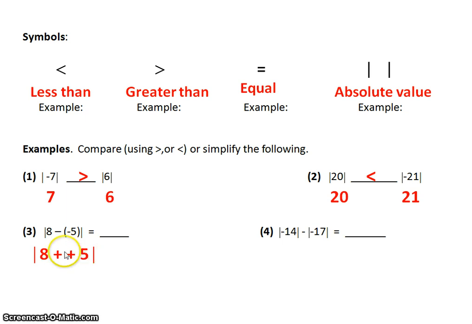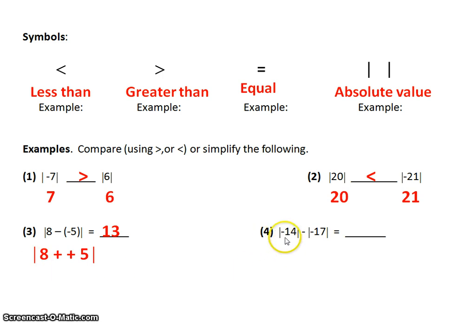I'll say that again. When you take away a negative, it's the same as adding a positive. So 8 take away a negative 5 is the same as 8 plus a positive 5. Now 8 plus 5 is 13, and 13 is 13 units from 0. That's what our absolute values are asking us for.